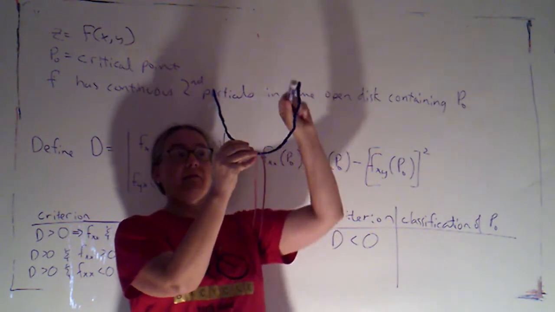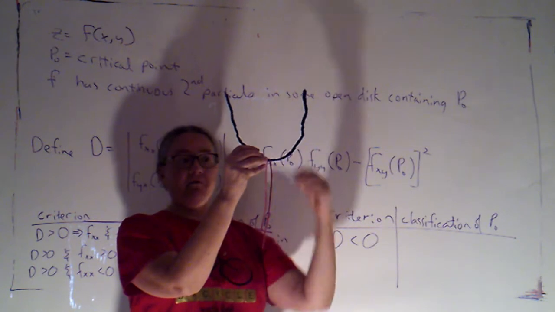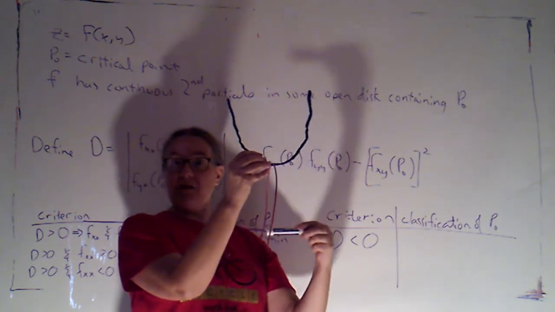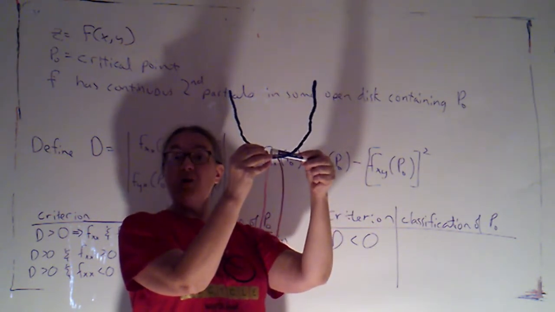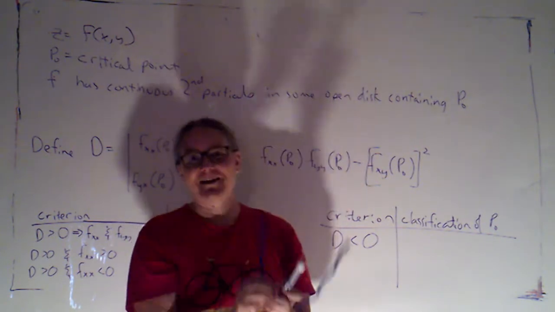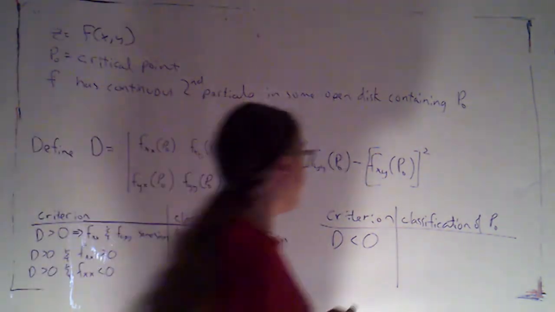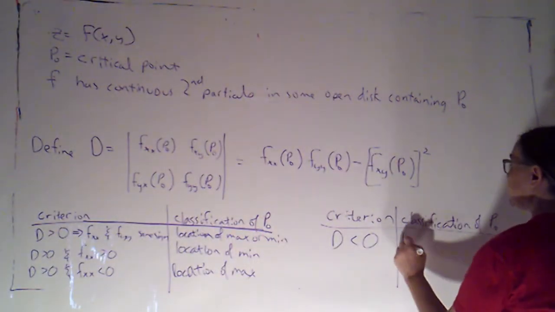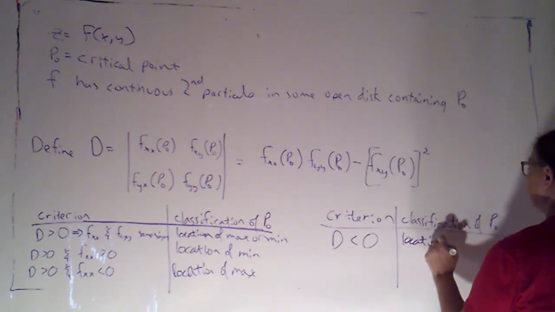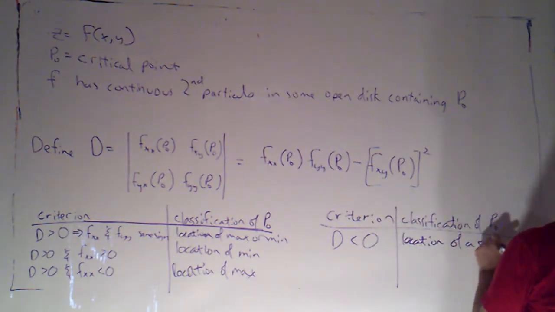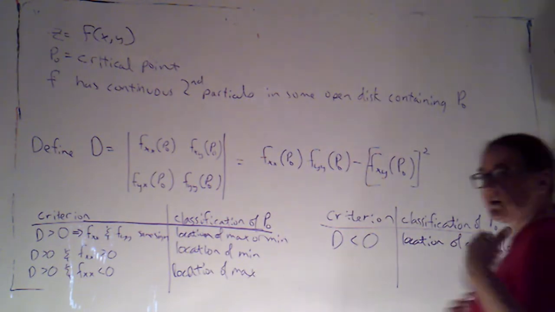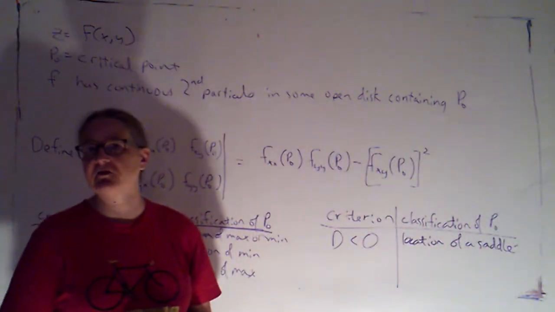In that case, I've got a min along this curve, but I've got a max along this other curve. When that happens, we've got a saddle. And that's what we call it. We say P naught is the location of a saddle. That just means it's a high point along some cross-sectional curves, a low point along others.